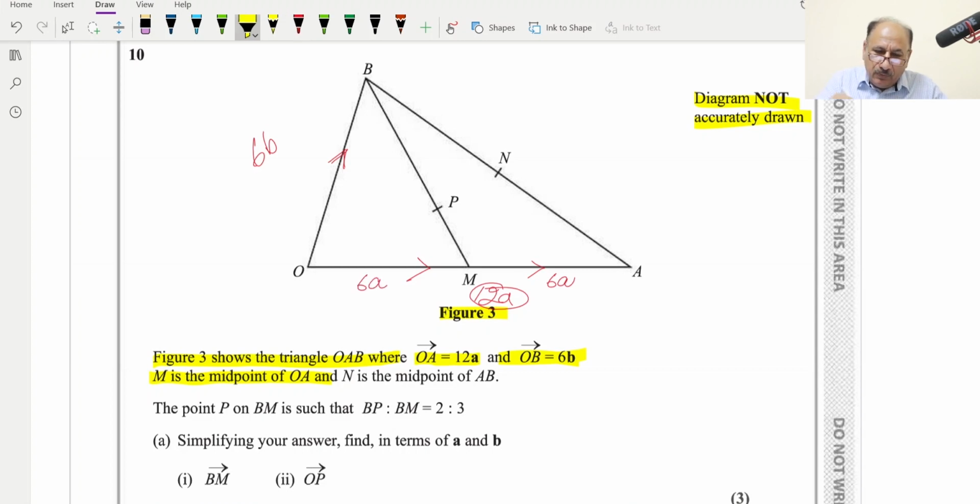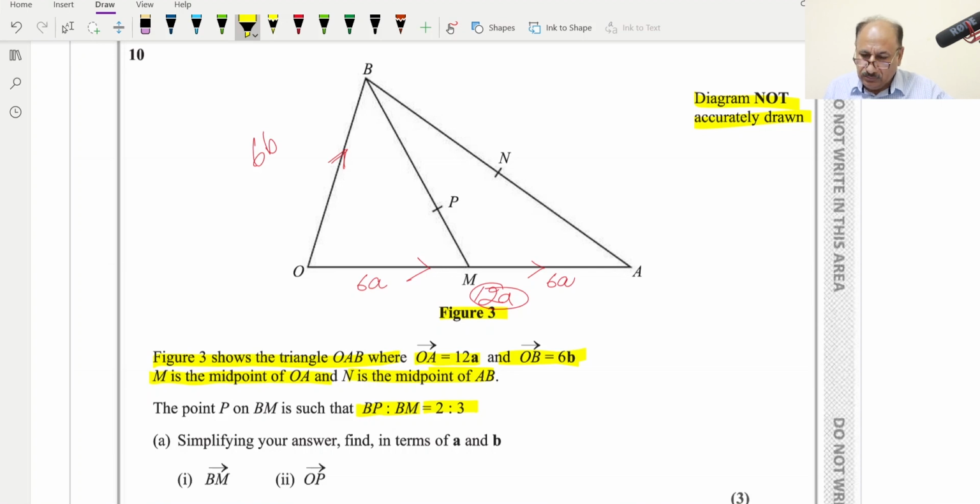N is the midpoint of AB. Okay, so the point P on BM is such that BP to BM is 2:3.